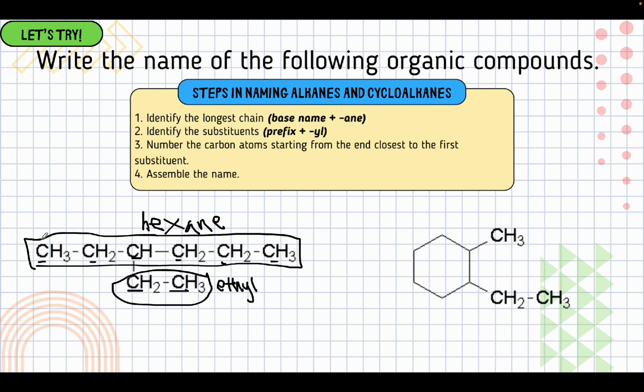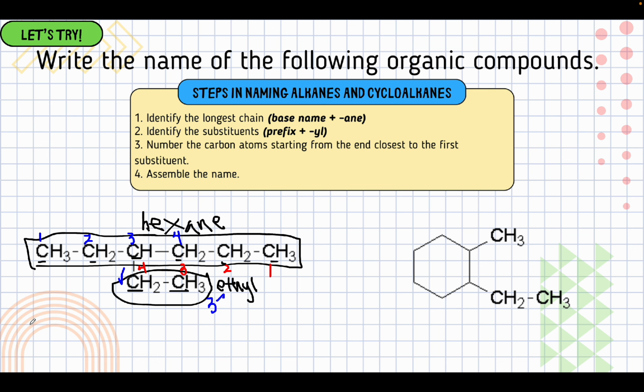So if we're going to look from right to left, so 1, 2, 3, 4, this substituent will have a number 4. But if you go from left to right, this will be 1, 2, 3, 4. So this substituent will now have number 3. 3 is lower than 4, so we adopt left to right. This would be number 3.